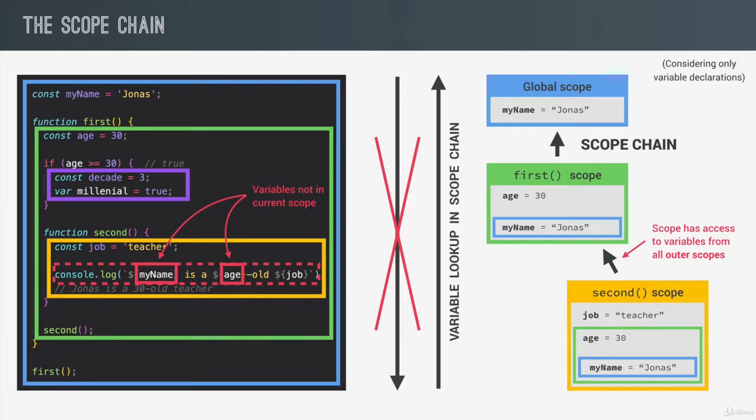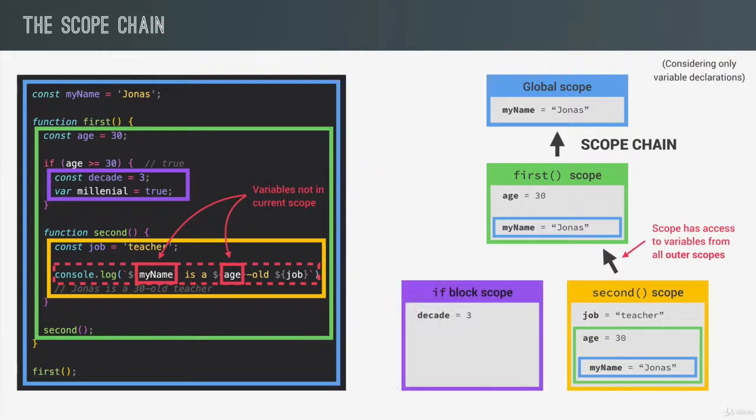That's why the only variable that's in this scope is the decade variable. The millennial variable isn't declared with const or let, and therefore it is not scoped to just this block. Instead, the millennial variable is actually part of the first function scope.